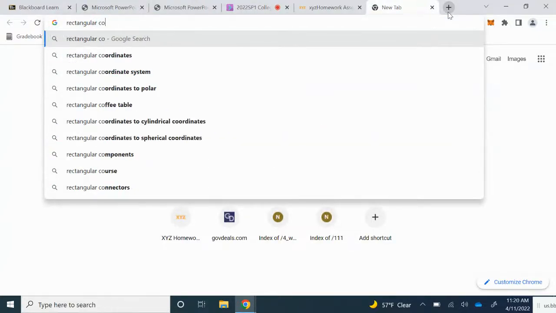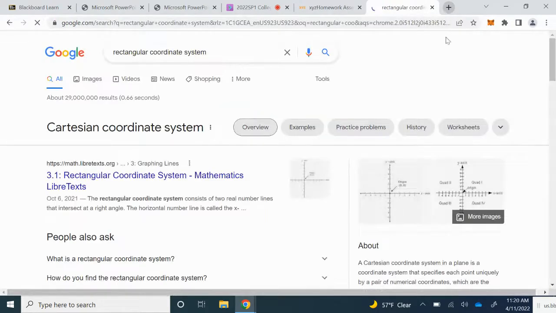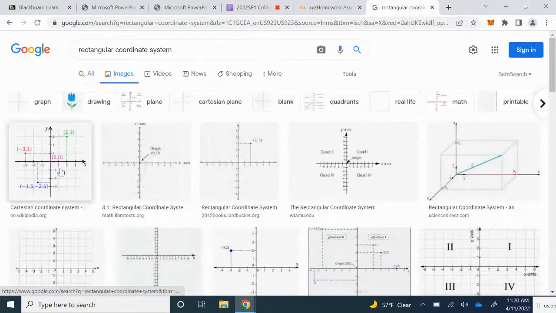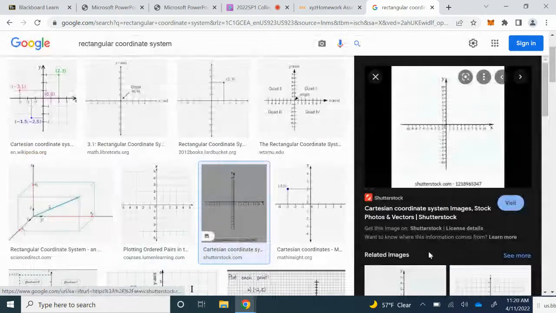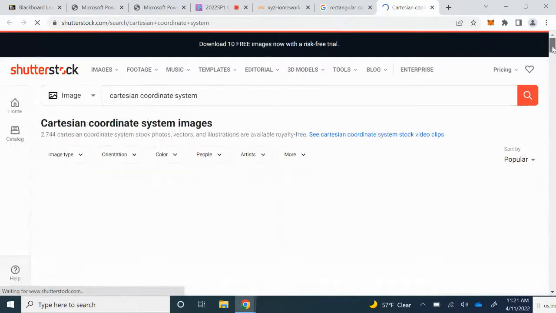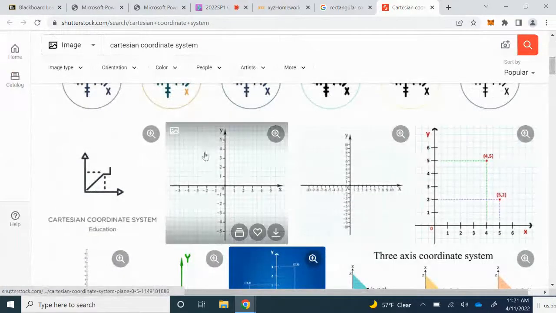Okay, the rectangular coordinate system, which is also the Cartesian coordinate system, is just a regular X and Y axis system. So this is the rectangular coordinate system or the Cartesian coordinate system.